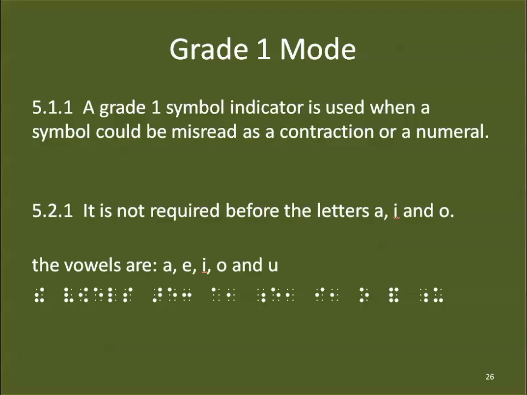If it was just an E there with a comma after it, that would be standing alone. There's a space on one side and space on the other, the comma notwithstanding. So we need a grade 1 symbol indicator in front of that E. I never needs a grade 1 indicator. Neither does O. Then we have the word and. U needs an indicator because it could be mistaken as the contraction for us because it's standing alone with a space on either side.